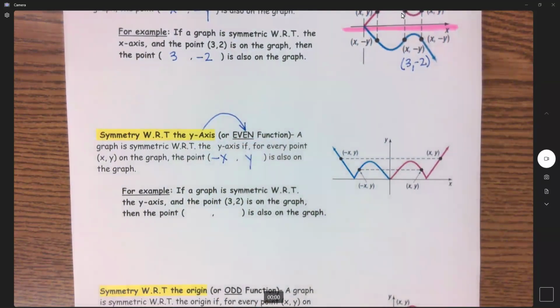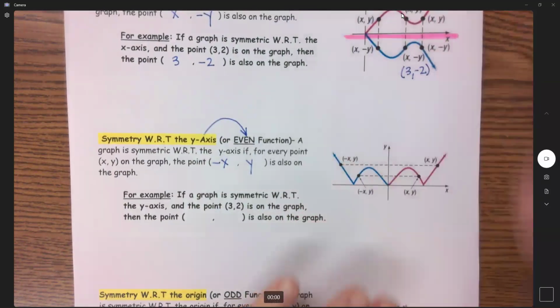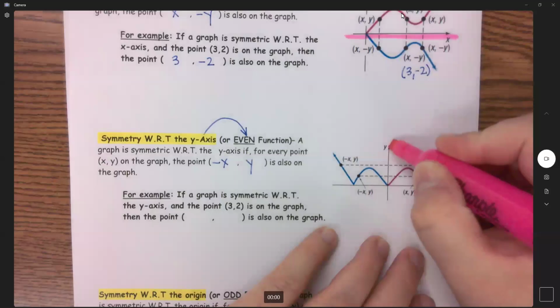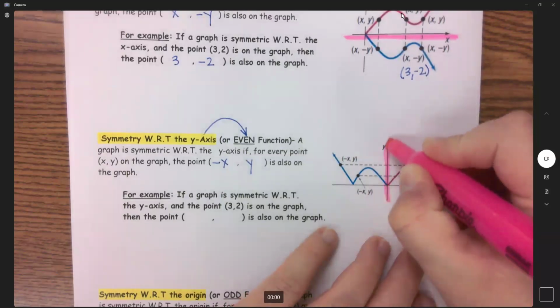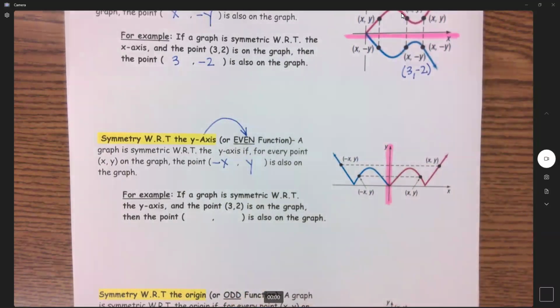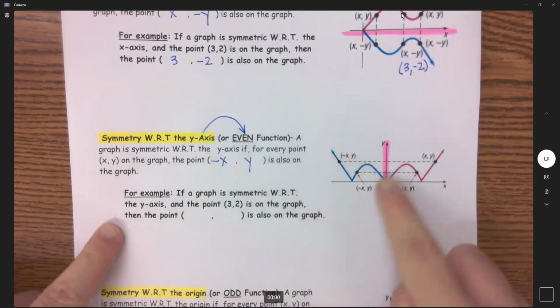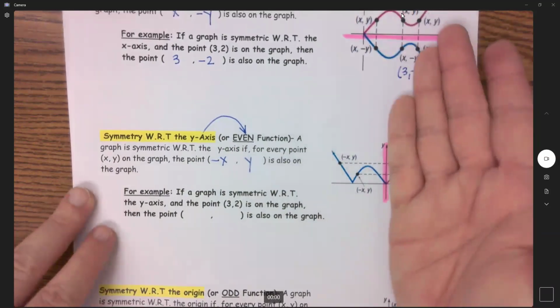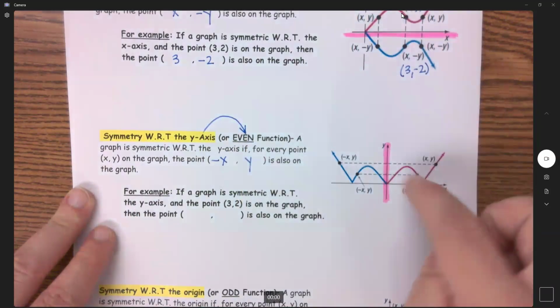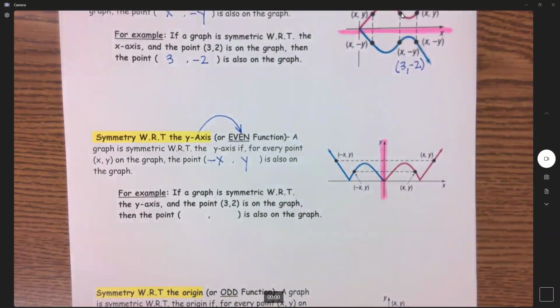Now, while this is the definition from your book, we can just visually look at this. Now, instead of using the x-axis for a mirror, now we're using that y-axis for a mirror. And you can now see that this left side mirrors the right side, right? If you took this and you folded it over, every point would land on that other point.